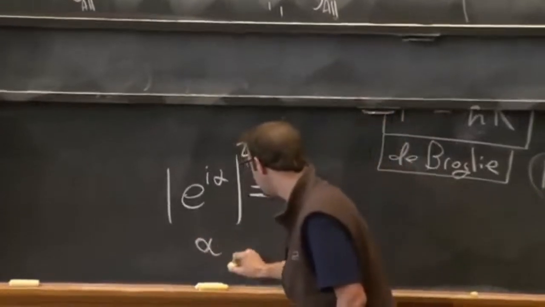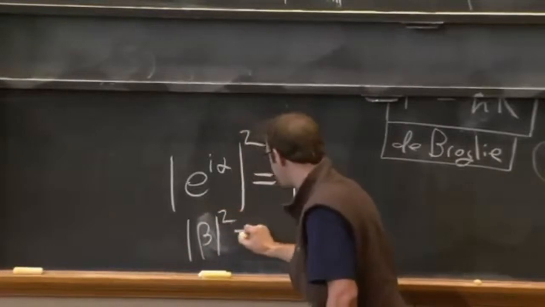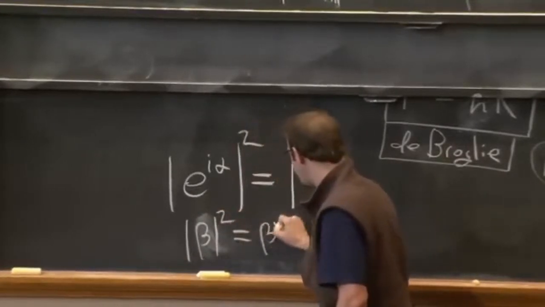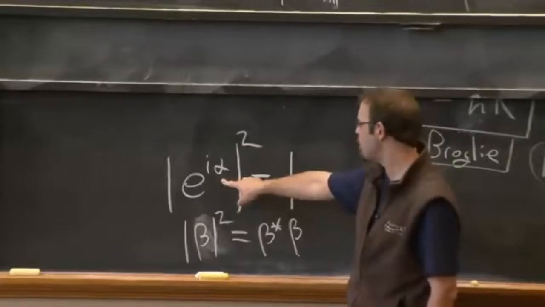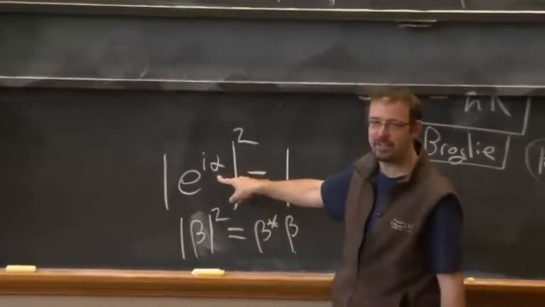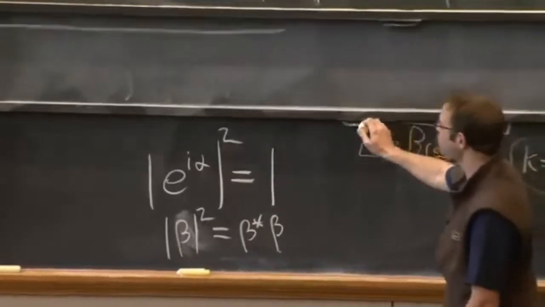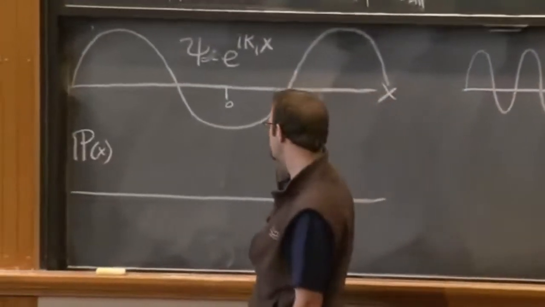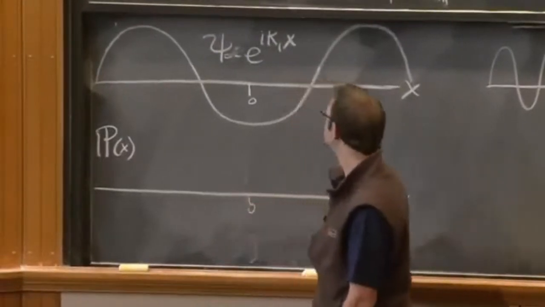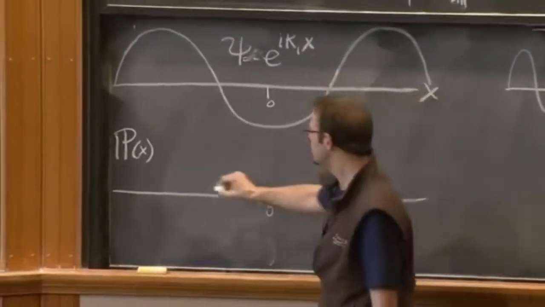If we have a complex number beta, then the norm of beta squared is by definition beta complex conjugate times beta. So e to the i alpha, the complex conjugate is e to the minus i alpha, e to the i alpha times e to the minus i alpha, they cancel out, that's 1. OK? So if this is the wave function, what's the probability distribution? Well, it's 1. It's independent of x, right?